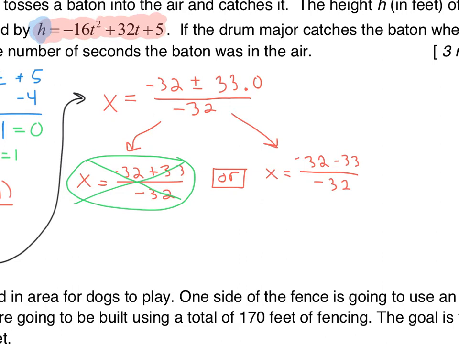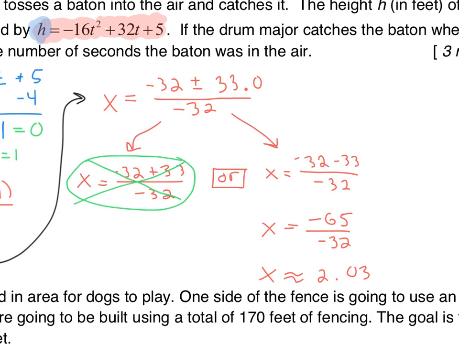I'm going to go over here. Negative 32 minus 33 works out to be negative 65. I'll divide that by negative 32, and that is going to give me a positive number. This tells me when I do this math, x is about 2.03 seconds.